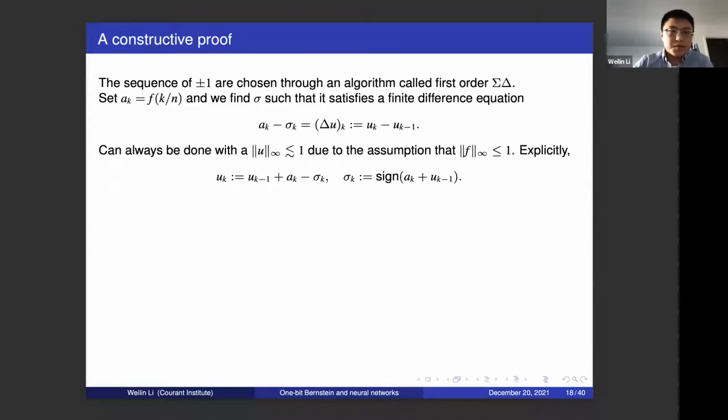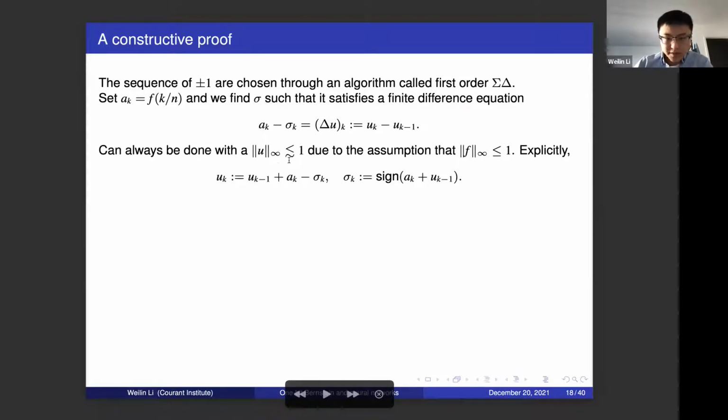The idea is we'll let A be the samples of f at these grid points, and then we'll find this sequence of plus and minus 1s in such a way that this difference equation is satisfied. I want A minus sigma to be this finite difference of some other sequence U. And the key here is that the system is solvable with a U that's uniformly bounded.